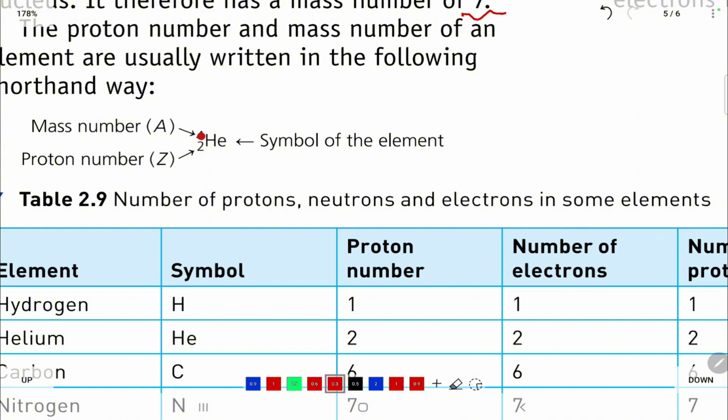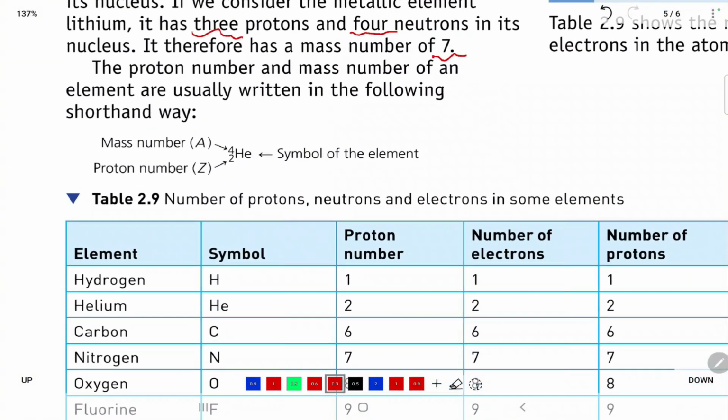The upper one is the mass number, the lower one is the proton number. The symbol for mass number is A, and for proton number it is Z. And this is the symbol of the element.